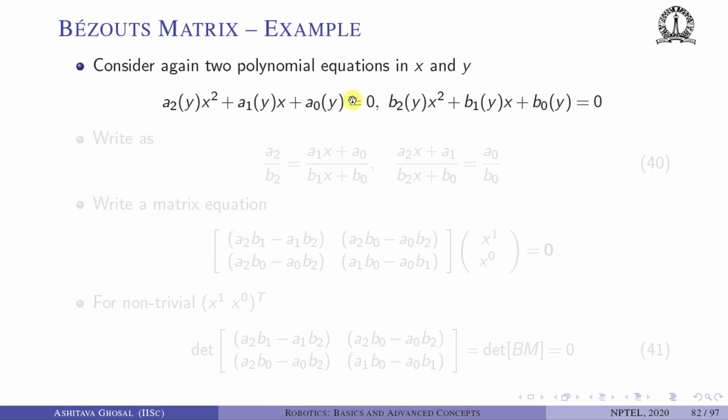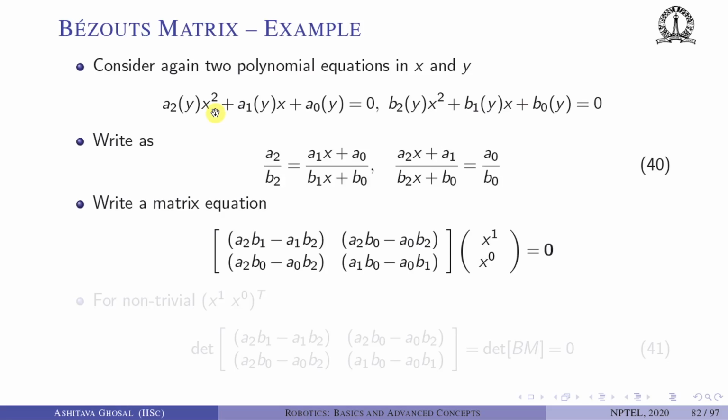Basically we take these two terms on the other side, and similarly for b2. If x is not equal to 0, we can divide those two equations and get a2 by b2 is equal to a1 x plus a0 divided by b1 x plus b0.